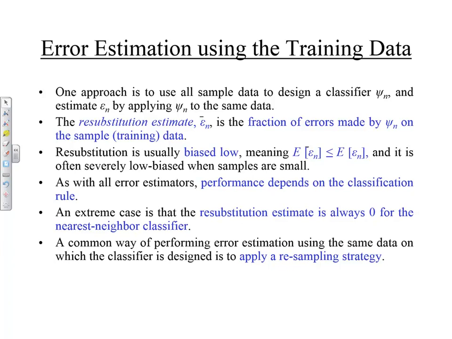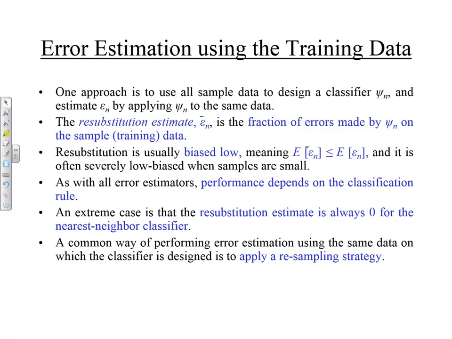Training data is the same as the data that you use for testing. Guess what? In that case, you expect that the results will be too rosy, very optimistic. So the resubstitution estimate, as it is called, of the error is the fraction of errors made by the classifier that you design on the sample, which is also the training data. And resubstitution is usually going to be biased low.